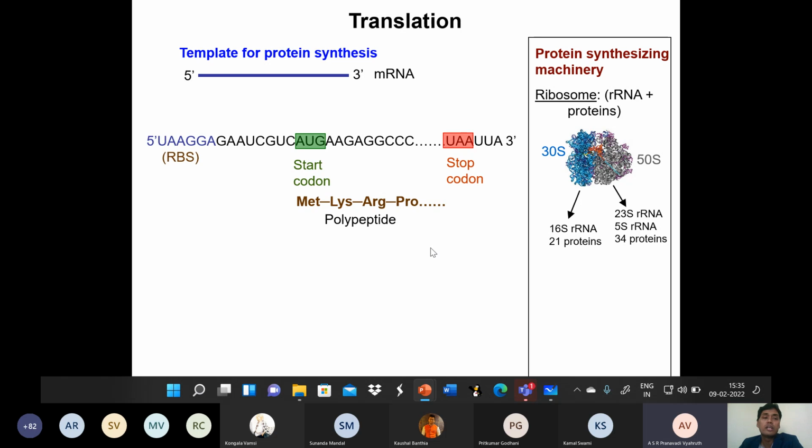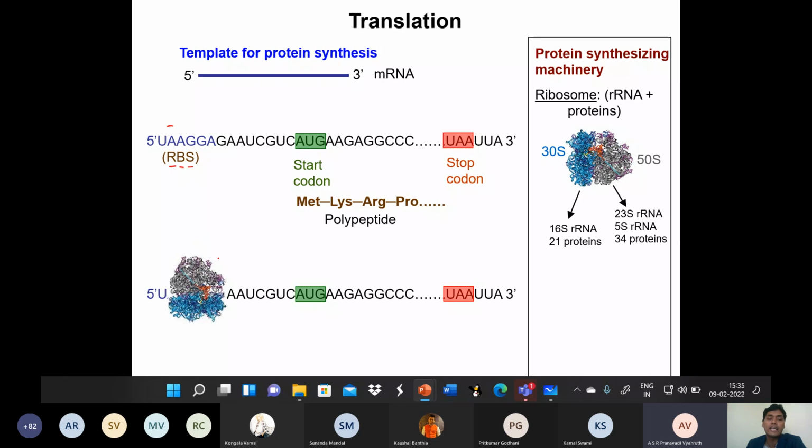Now the question is how the ribosome will recognize the template, the mRNA. In a bacterial system, in E. coli, a prokaryotic system, some sequences are present called the ribosome binding site. The ribosome binds to this site, moves in this direction, and the first AUG is taken as the start codon.